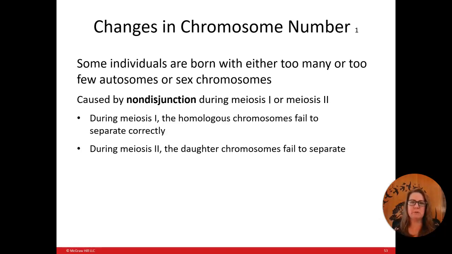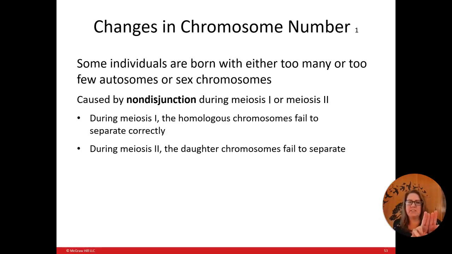And this is caused by a phenomenon called non-disjunction.